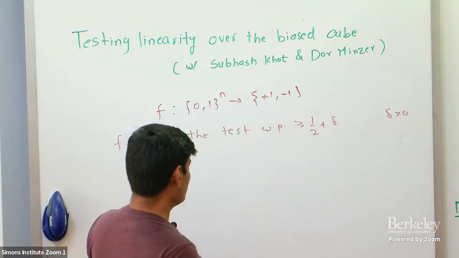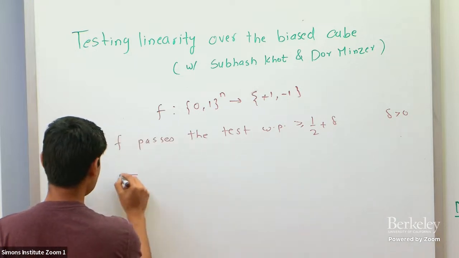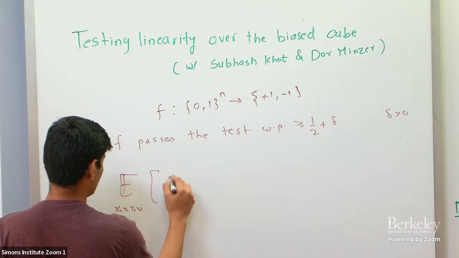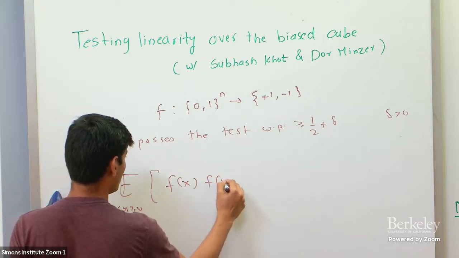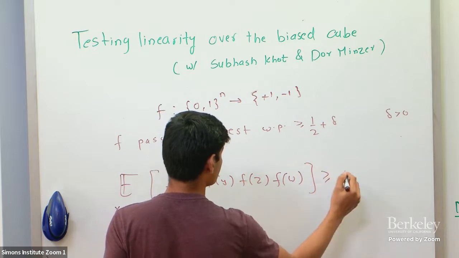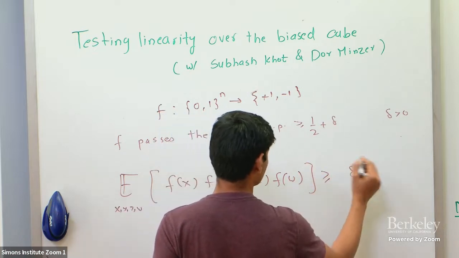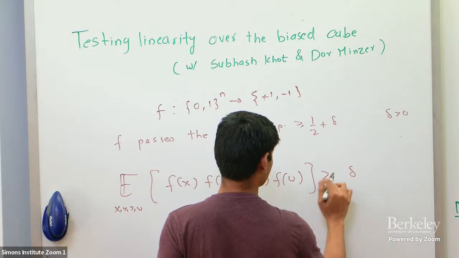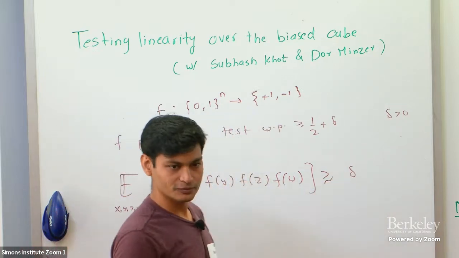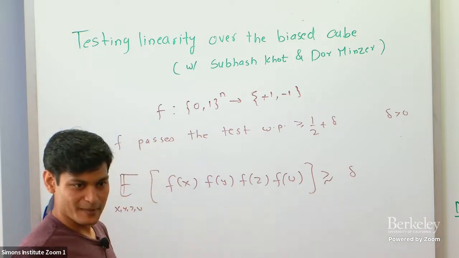Now this can be written as the expectation over x, y, z, w of f of x, f of y, f of z, f of w is at least delta. Maybe it's at least delta, maybe it's delta over 2.